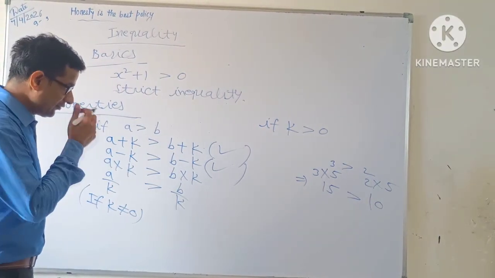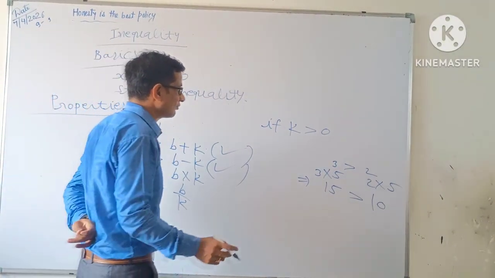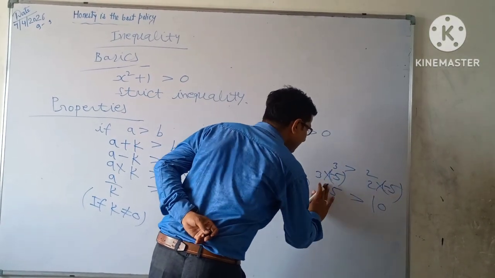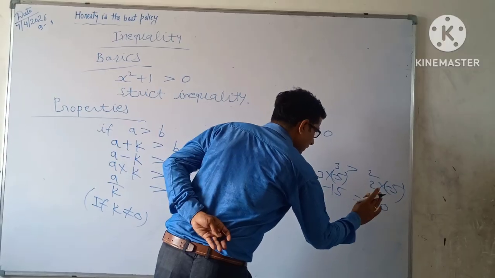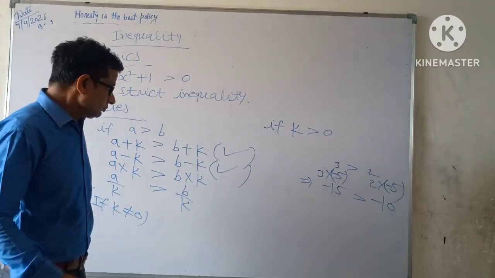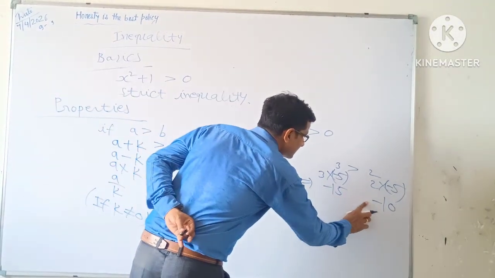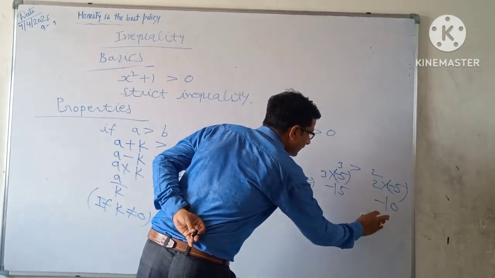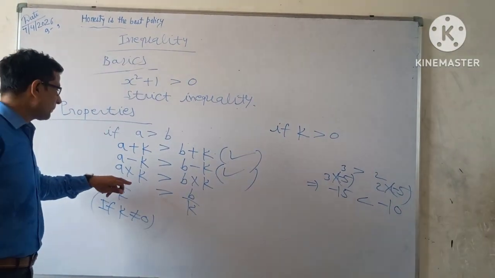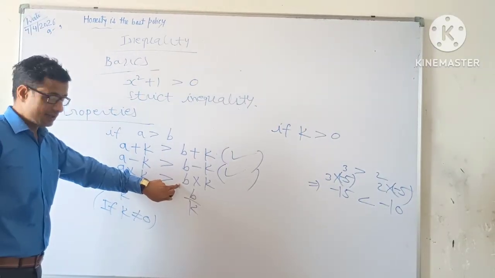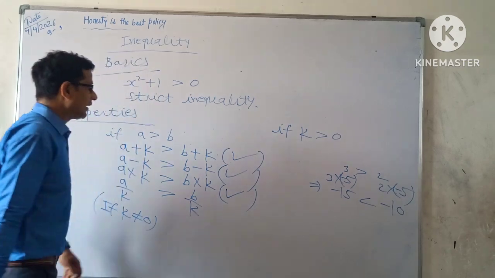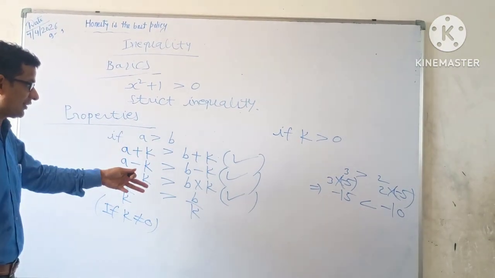If we multiply by minus 5, 3 into minus 5 and 2 into minus 5, we get minus 15 and minus 10. The inequality symbol reverses, so minus 10 is greater than minus 15. If we multiply by a positive K, it is true: if it is greater, it stays greater, and if it is less, it stays less.